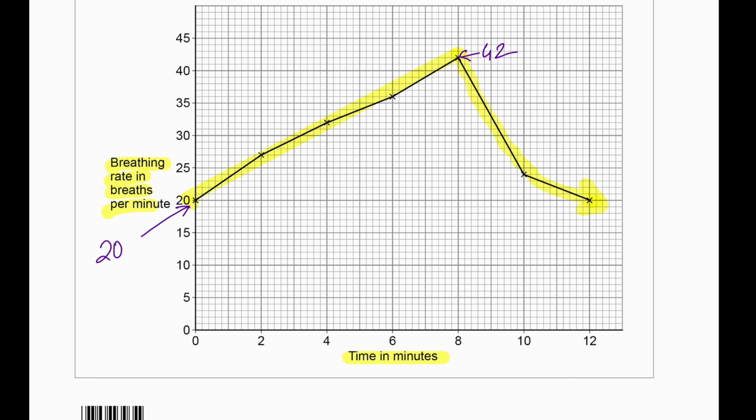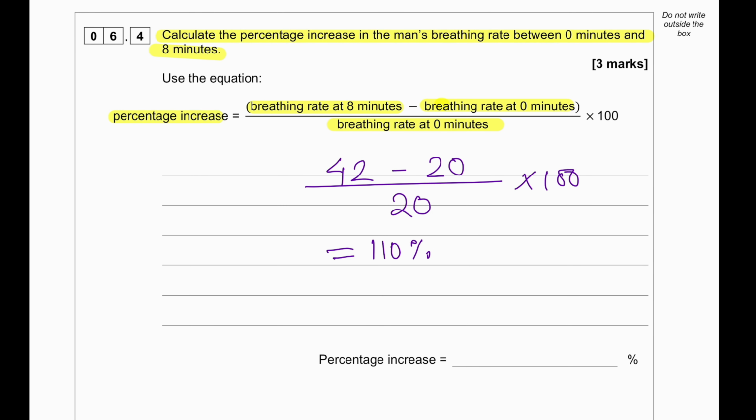It is important that we show this working, because the question contains 3 marks and it will be important for us to get that particular mark. So at 0 minutes 20 BPM, at 8 minutes 42 BPM. So the percentage increase is 110%.